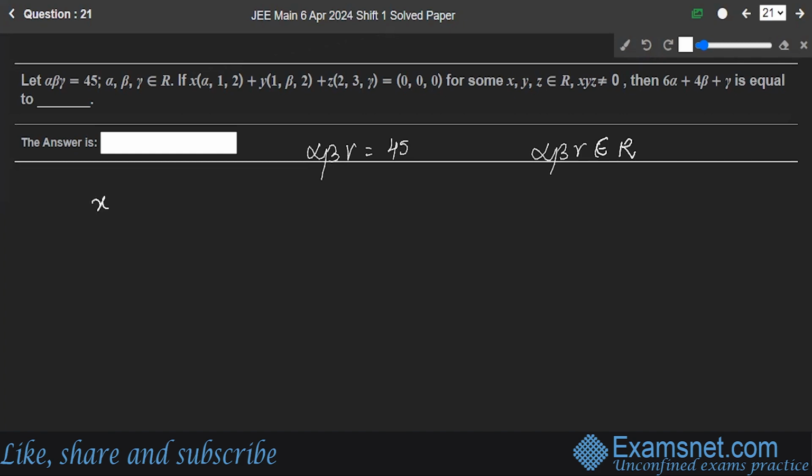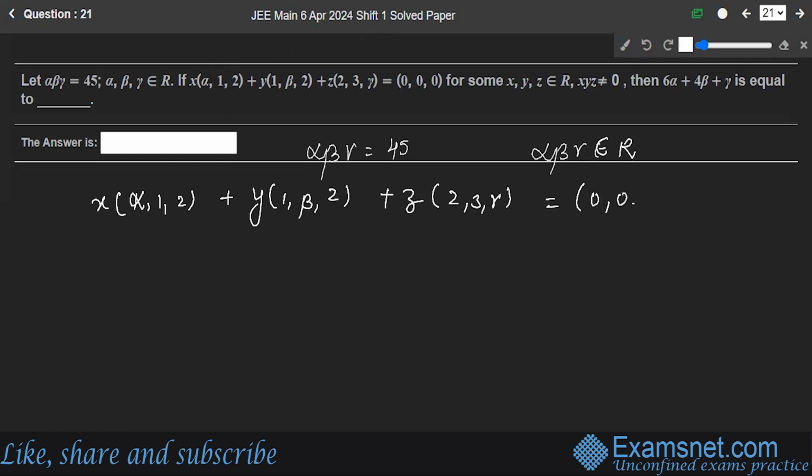So also x alpha 1 and 2, y 1, beta 2, 2, 3, gamma, that is equal to 0, 0, and 0, where x, y, z, they belong to the real numbers and their product is not equal to 0.